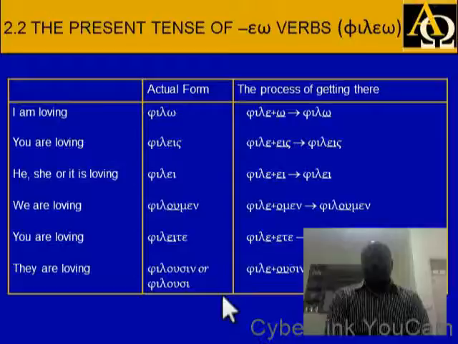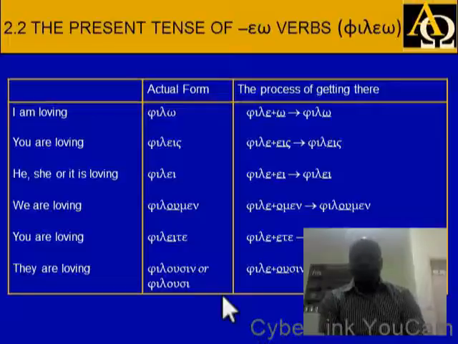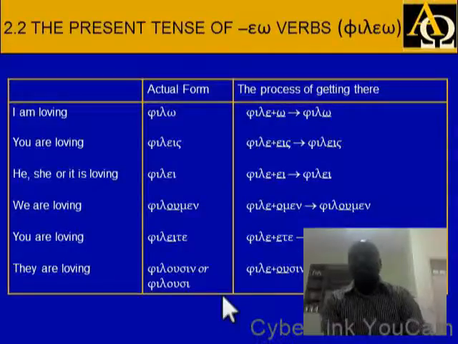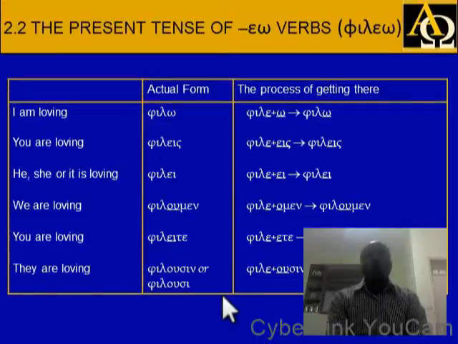The actual form is philo. How do we get to philo? We have combined omega with epsilon, and of course we said that epsilon drops before a long vowel.